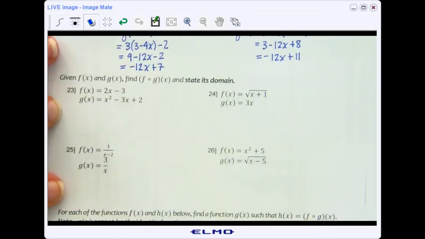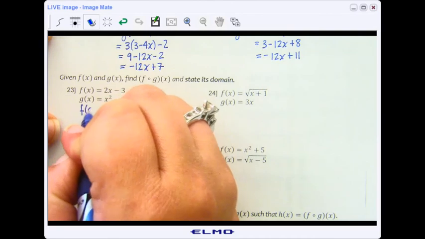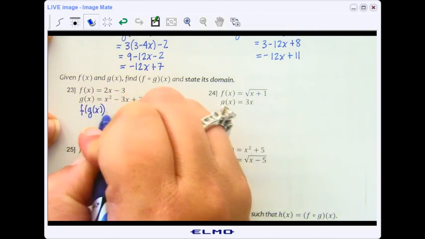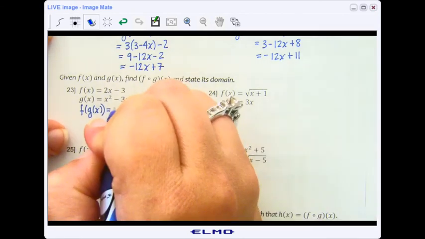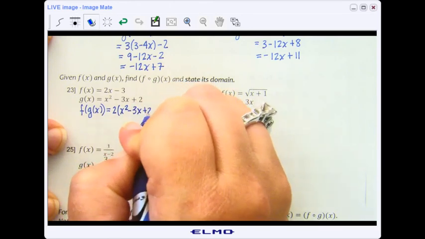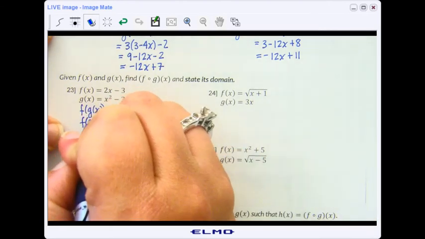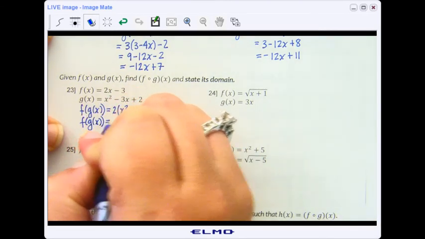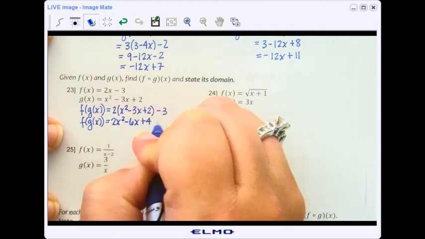In the next set of examples, you are finding f of g of x and stating its domain. So f of g of x means I take g of x and put it into f of x for x. So this is 2 times x squared minus 3x plus 2 minus 3. So f of g of x is 2x squared minus 6x plus 4 minus 3.